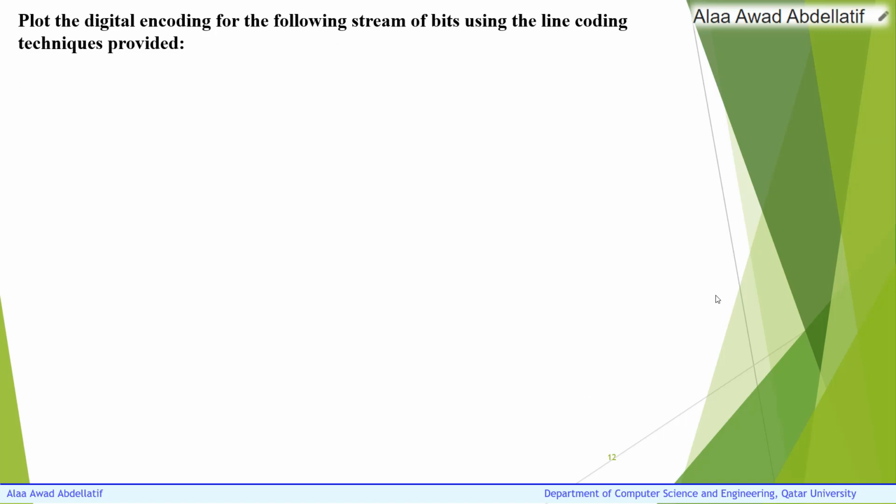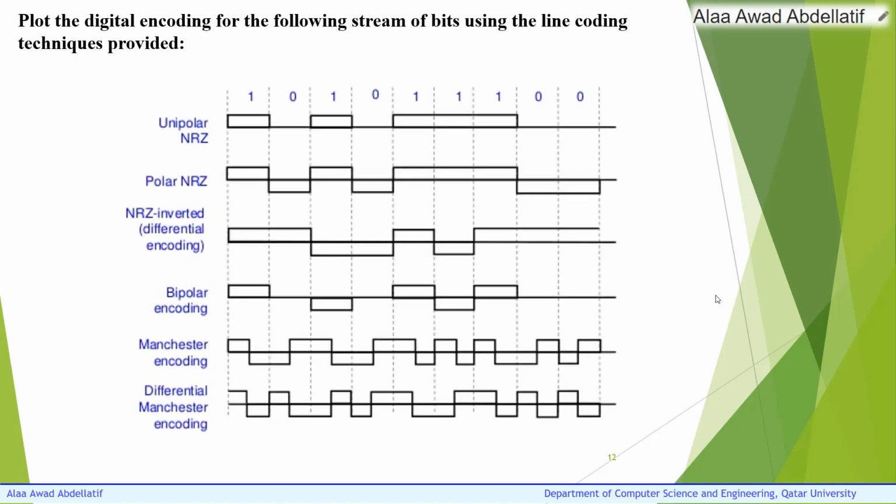Okay. This is for revision: plot the digital encoding for this sequence of bits. For unipolar, the 1 is always positive and the 0 is always 0. This is the simplest one. For polar, the 1 is positive and the 0 is negative. For non-return to zero invert, the 1 makes inversion and the 0 stays the same.